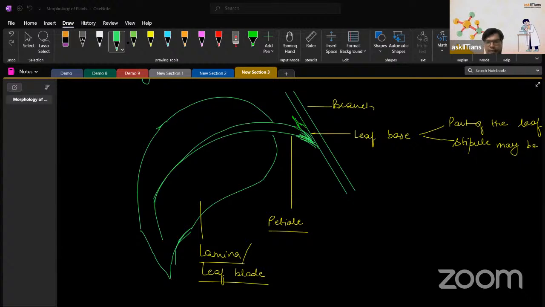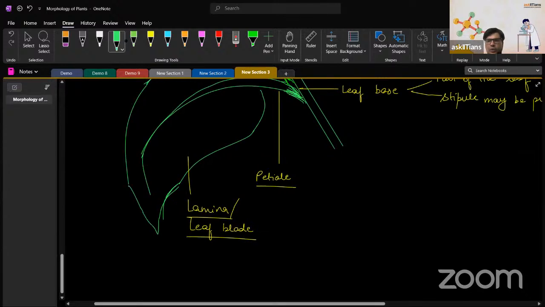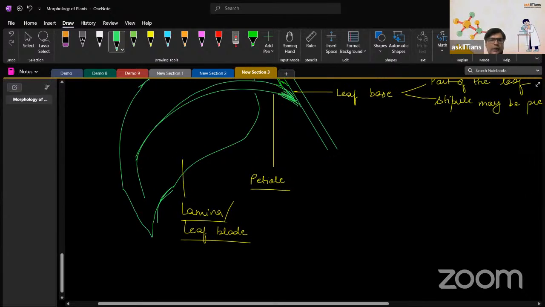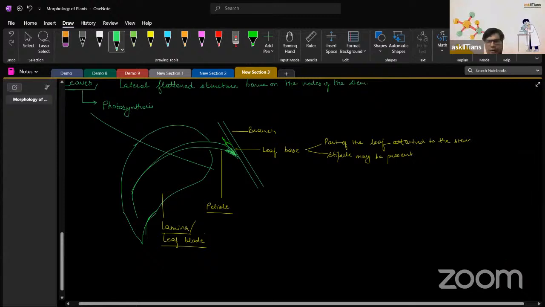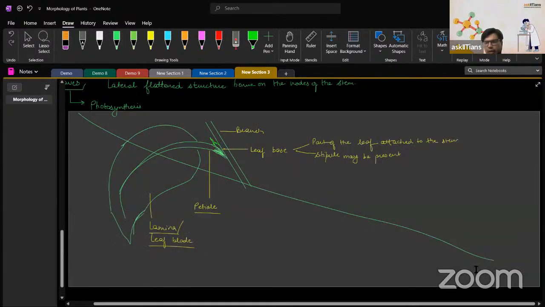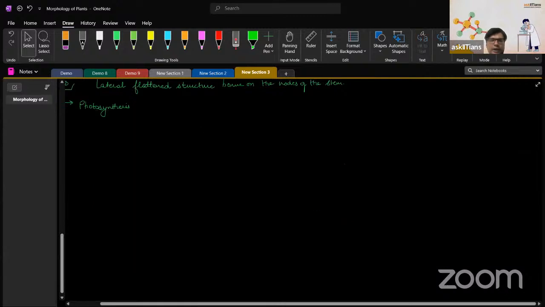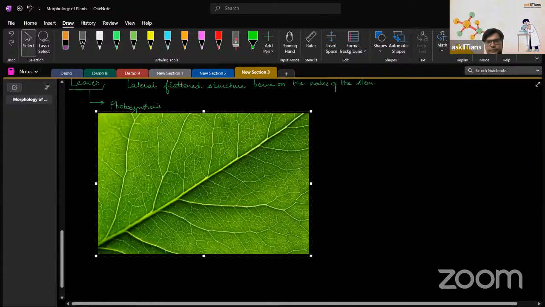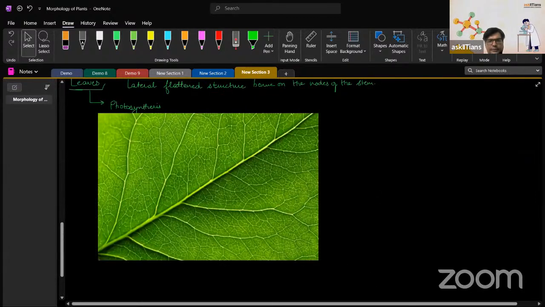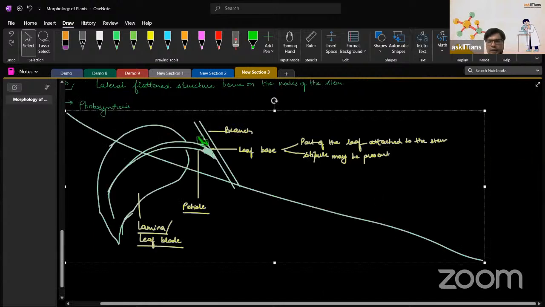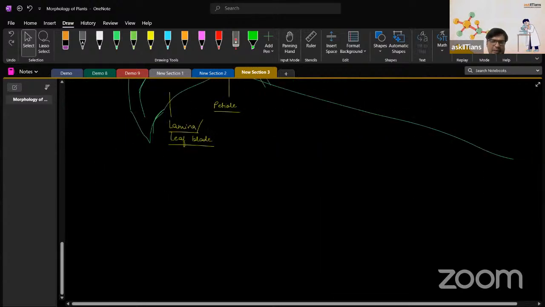Okay, let's get rid of this one and paste the good picture. Okay, we shouldn't have done that. Let's keep it here and paste the picture right here.